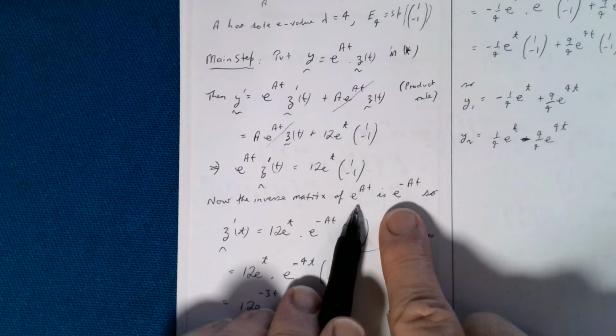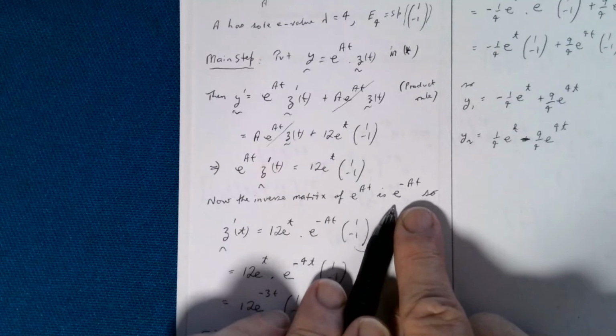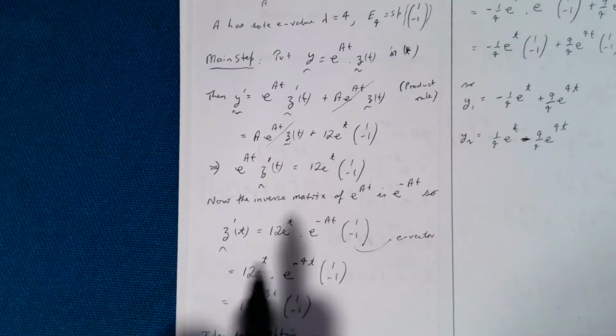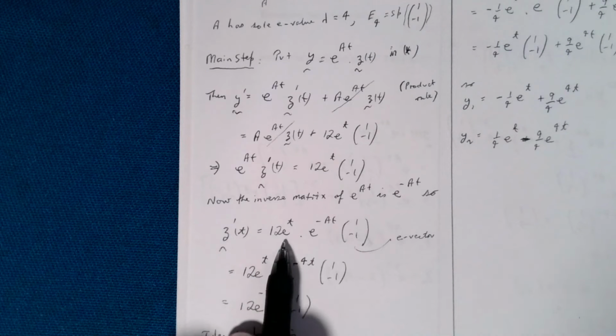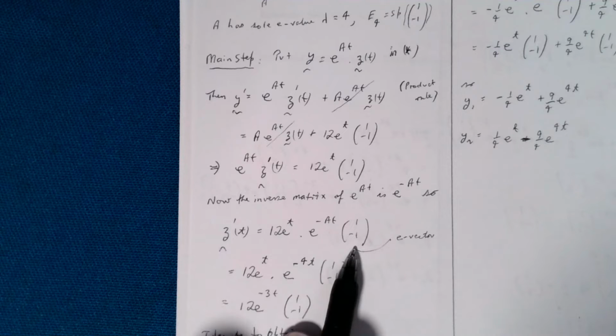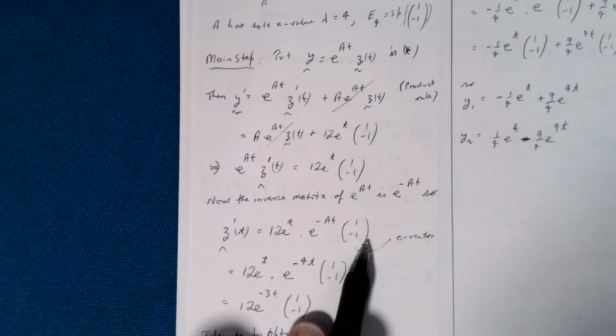So I multiply both sides by the inverse of e to the at, that's e to the minus at, and that'll recover the z dashed here. This is a constant, a scalar, so I take it out, 12e to the t, and then e to the minus at times this vector. And this vector, as I pointed out, happens to be an eigenvector. So we can now use our lovely theorem that e to the at times an eigenvector is e to the lambda t times the eigenvector.